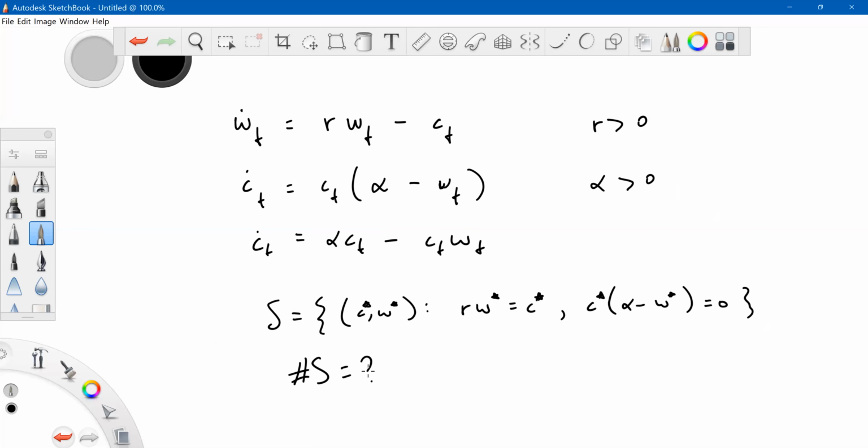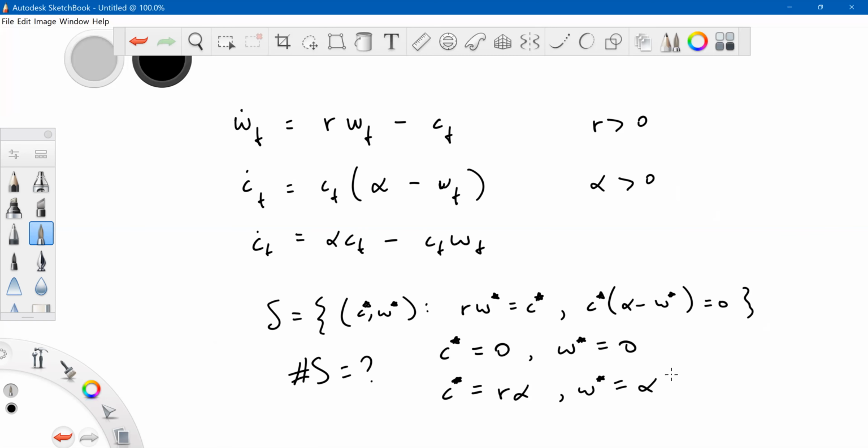It's not that hard. We have two steady states, right? One steady state is C star equals 0 and W star equals 0. The other is C star equals R alpha and W star equals alpha.